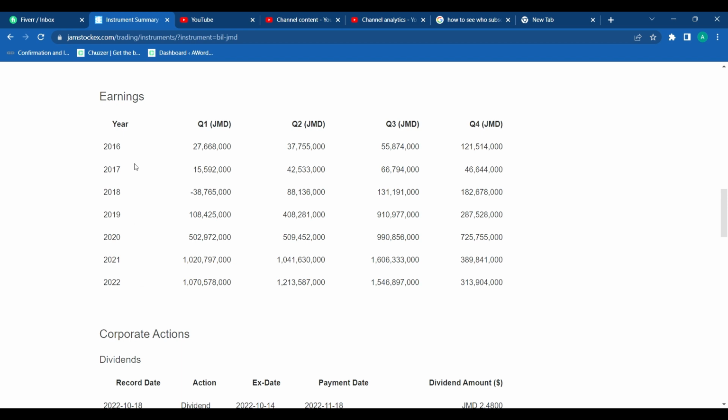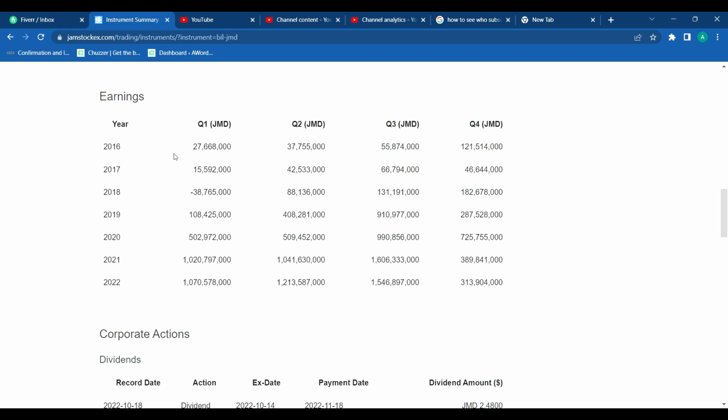There was an increase in quarter two to $37,755,000, a further increase in quarter three of $55,874,000, and in quarter four there's a larger increase of $121,514,000. This indicates that the stock did very well this year because they made profits.